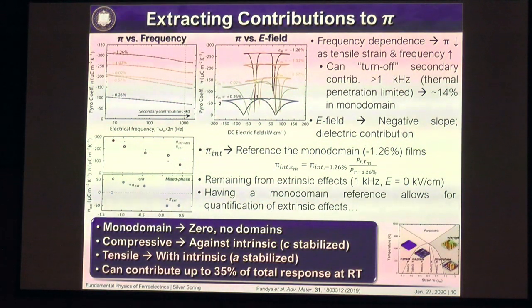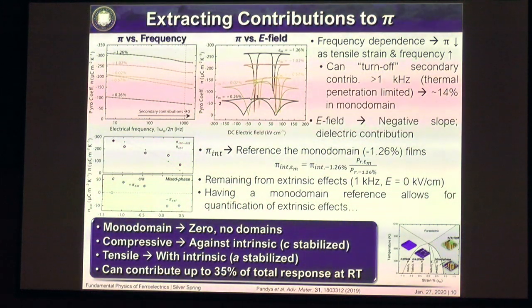In the monodomain samples, we have no domains, so we have zero extrinsic contribution. In compressive strain, the extrinsic responses work against the intrinsic behavior in this material. They're actually positive, where the intrinsic response is negative in nature. This makes sense because as you heat these things up, you have more C phase in the system. So the system is rotating more polarization in the out-of-plane direction in these materials. So they work against each other.